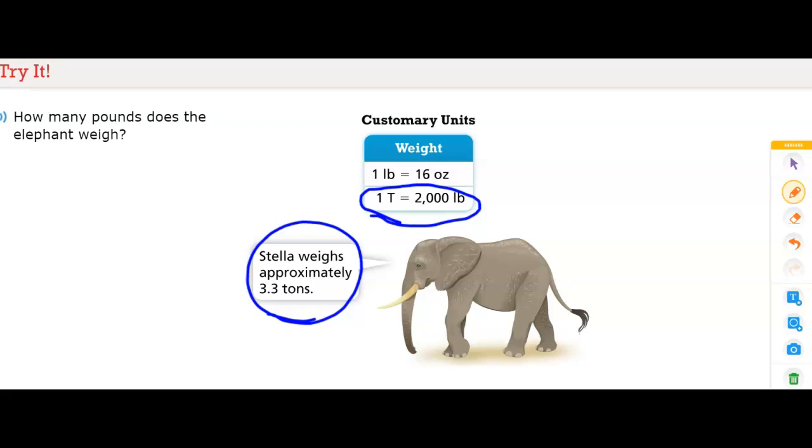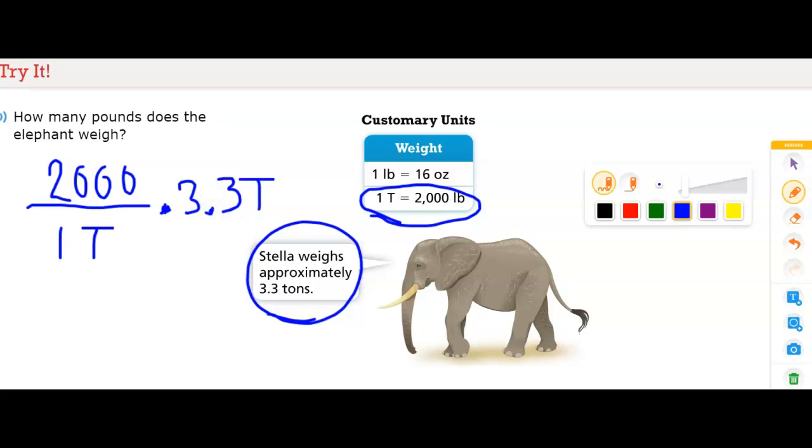So I'm going to use the dimensional analysis where we are multiplying the conversion factor of 1 ton is equal to 2,000 pounds. I want pounds as my unit of measurement in my answer. So I'm going to put 2,000 at the top and the 1 ton at the bottom. And then I'm going to multiply the 3 3/10 tons. So now I'm going to divide out my tons, and I'm left with my pounds.